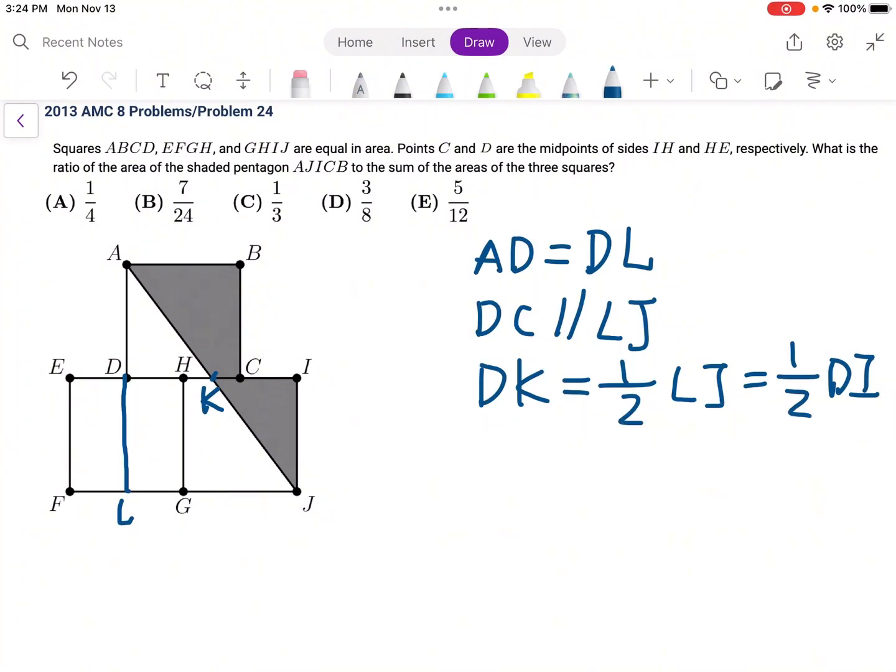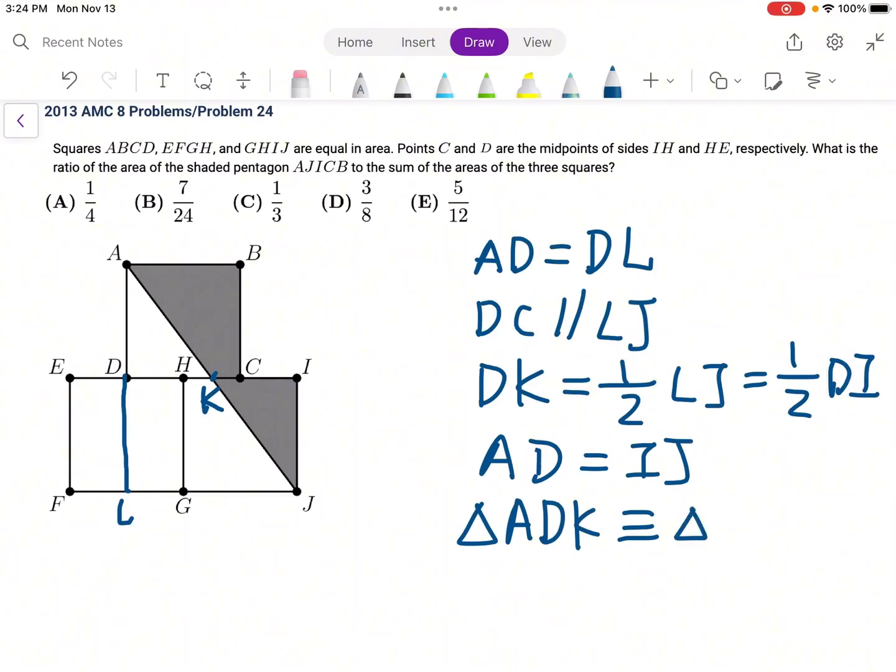And because AD also equals IJ, triangle ADK is identical to triangle JIK. Therefore, the shaded area of JIK can be converted to the area of ADK.